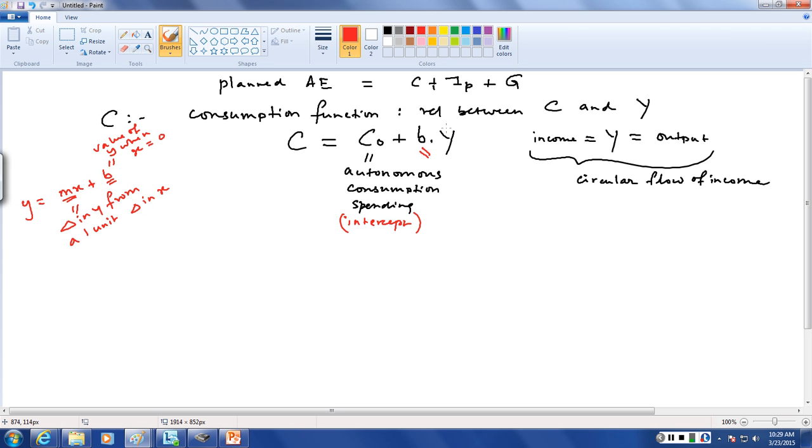Change in C from a 1 unit change in Y. Now you know what that is. Come on, tell me. Scratch your heads a little and tell me what that is. Change in consumption spending from a $1 increase in your income. What is that called? Ring a bell? The MPC, of course. Isn't that what the MPC is?